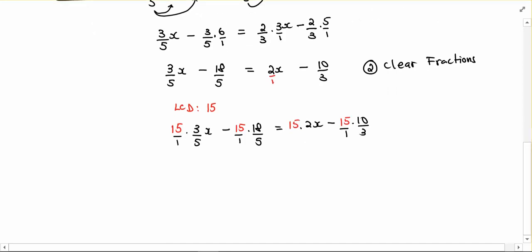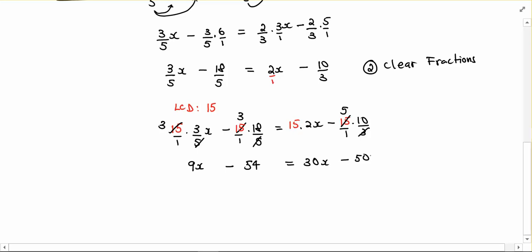Alright, so over here I'm going to cancel this 5, and that gives me a 3. And so 3 times 3 is 9x minus, over here this cancels, 3 times 18 is, let's see, 18 times 3, 54, equals 30x minus, cancel that, gets a 5, 50.